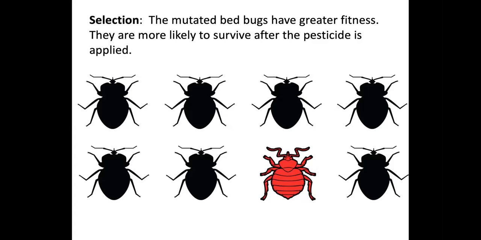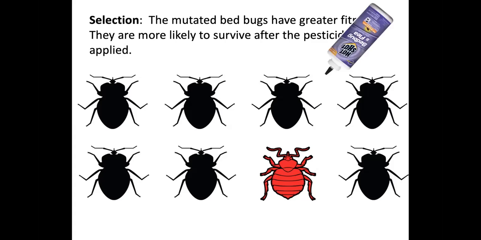Once we use a pesticide, what's going to happen? The black ones are going to die off, and what's going to happen to the mutated one? It's going to grow because it's going to continuously keep reproducing, right?